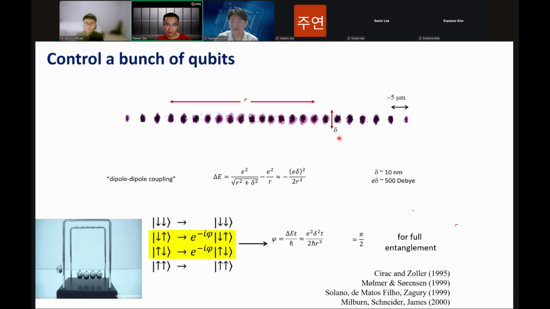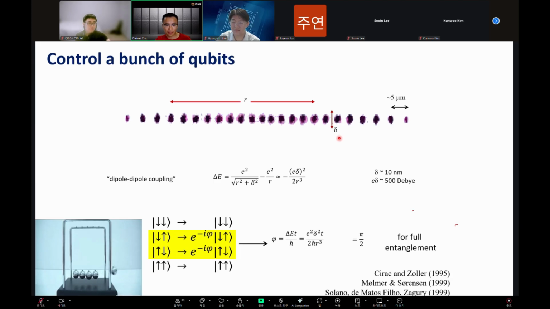Next question. You said you are going to connect multiple ion trap systems with photonic interconnect. Is it possible to do things like entanglement? Yes. You can use fiber to conduct classical information.